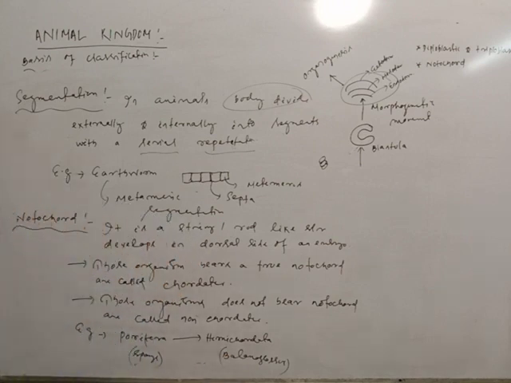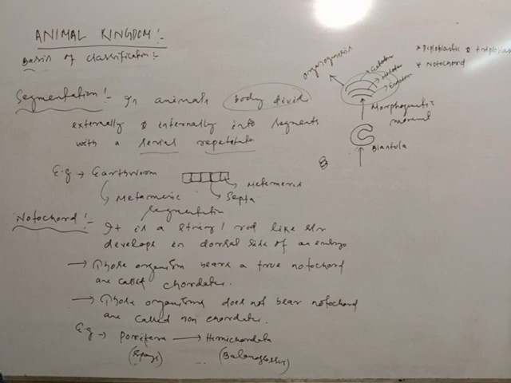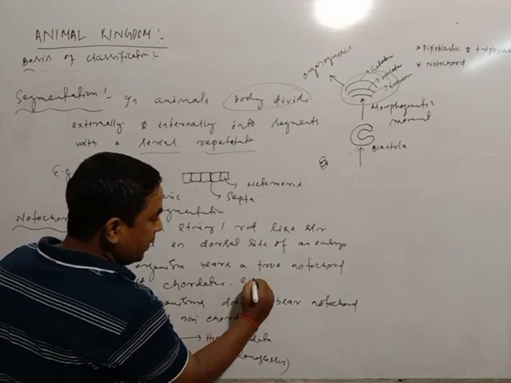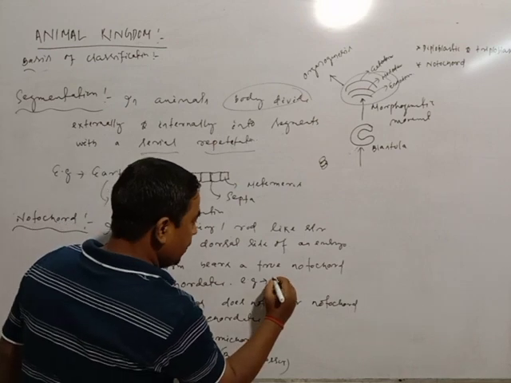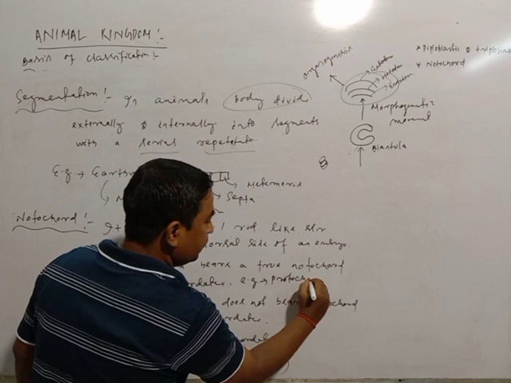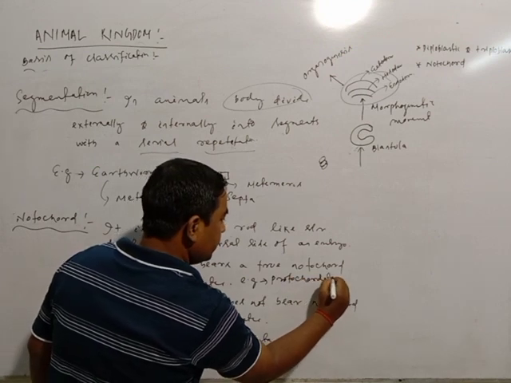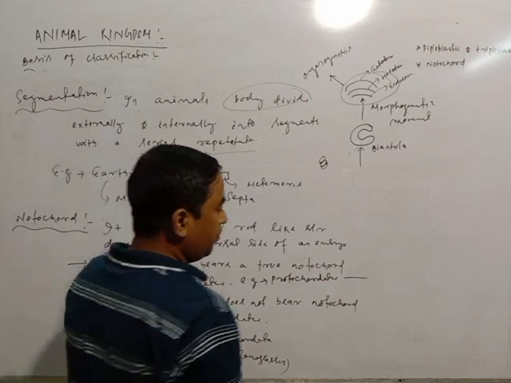Those organisms having a true notochord are called chordates. Examples are from protochordata to mammalia.